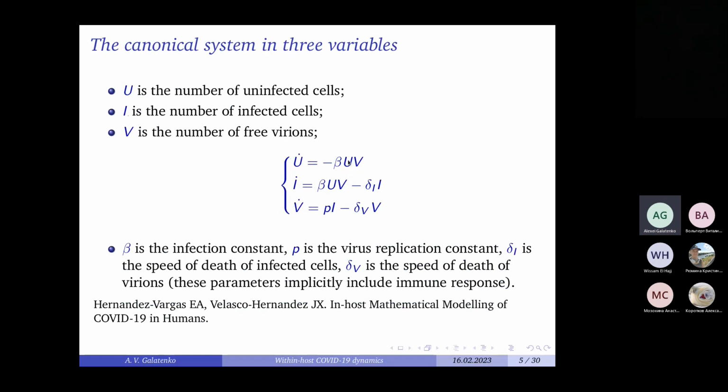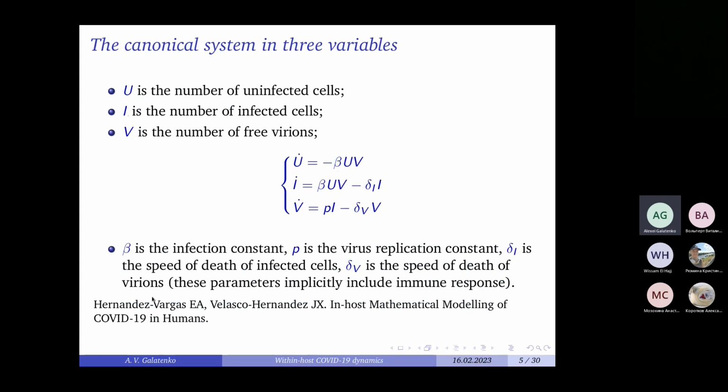Well, uninfected cells become infected cells, and infected cells may die with some intensity delta sub I. Viral particles are produced by infected cells with constant intensity P, and viral particles also die with intensity delta sub V. Here is a sort of a canonical model, which is considered in many papers devoted to virus dynamics.